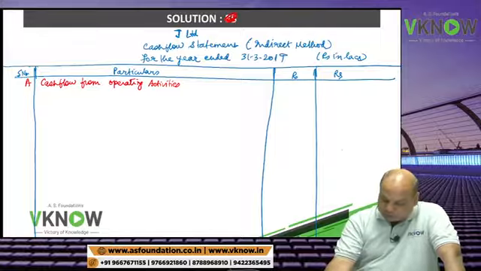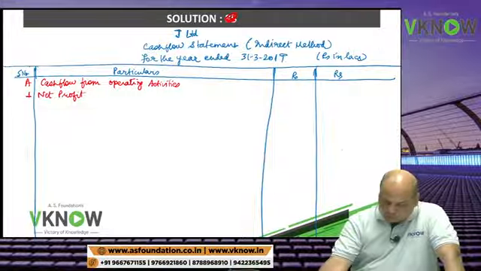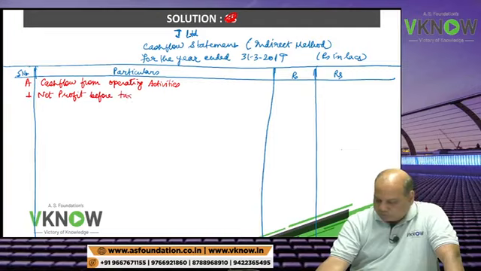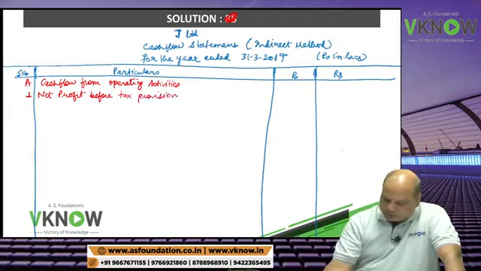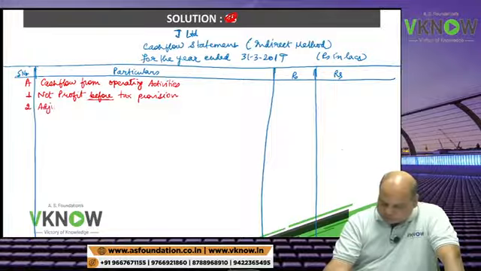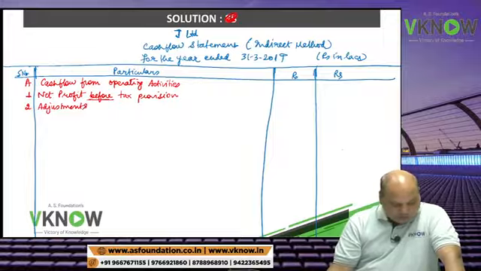Under that, write down first point number 1. Only the format we are drawing. Net profit. In this question, before tax provision is given. Very important, underline the word before. And point number 2, write down adjustments. In this question, we have many adjustments.